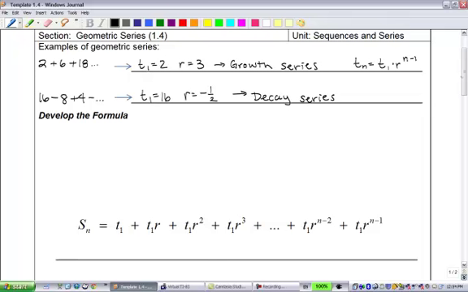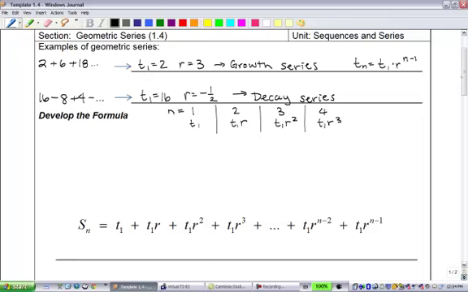Let's build a little table. Let's say the first term is T1, second term is T1 times R, third term is T1 times R squared. Let's even go to the fourth term, T1R to the 3, and that's going to continue. And what we plan on doing is adding these things up.